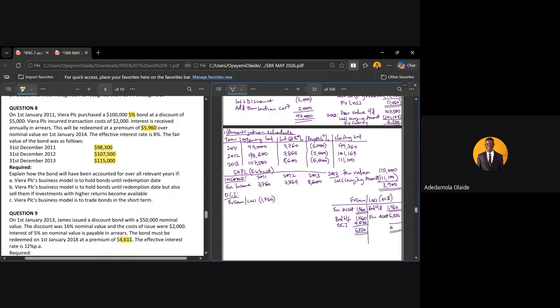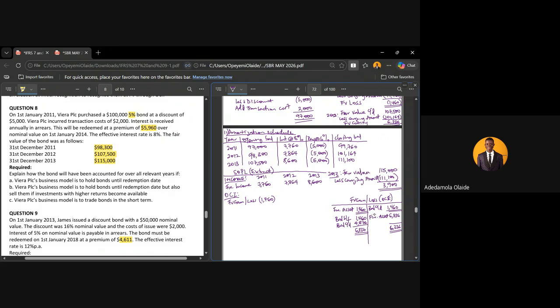So this figure now is what will be our balancing figure, balance carried down.